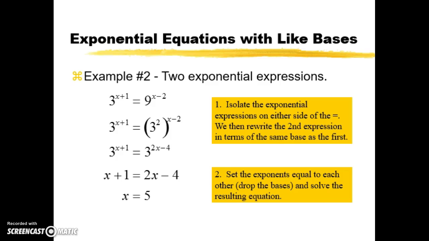We'll work through it. And so if we start out with 3 raised to the x plus 1 equals 9 raised to the x minus 2, same process. We want to isolate the exponential expressions, and so we're going to write this in terms of the same base. We know that 9 is 3 squared.